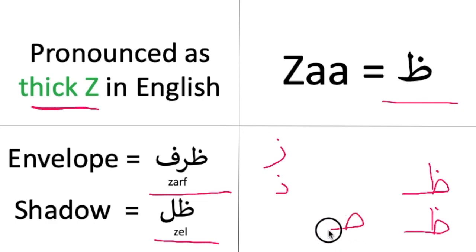One more time. Za is pronounced as thick Z. Zain or zal are pronounced just as a regular Z.